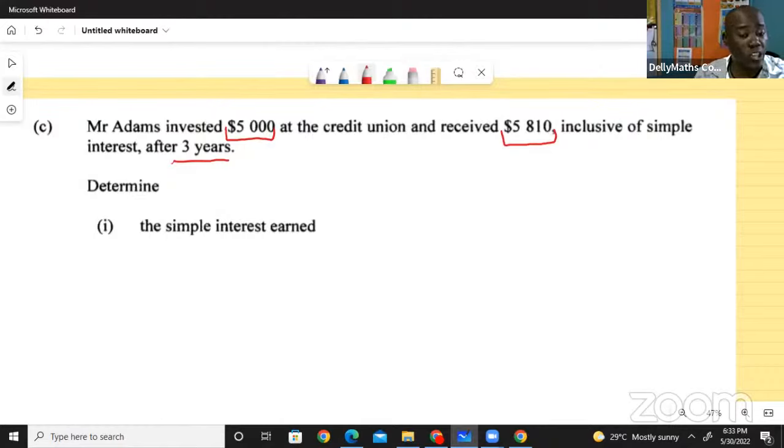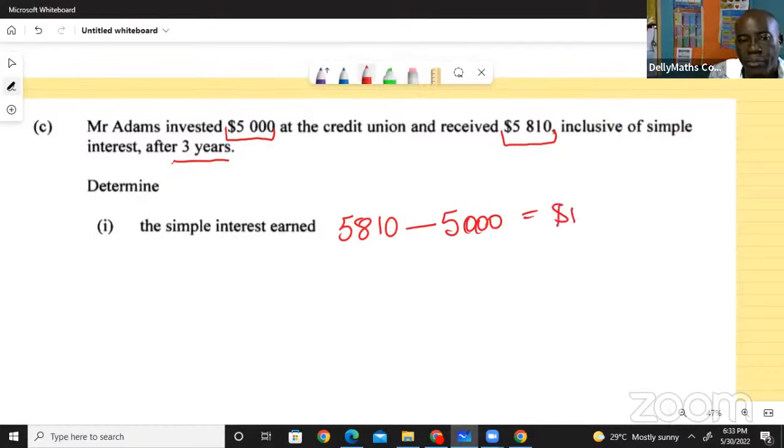Now, the simple interest would have been the change or the shift in your money that you left. So you would have known what you left, and then you would be aware of what you're seeing now. For example, I am seeing $5,810, but I knew I left $5,000 there. So that increase would have to be the interest, all right?